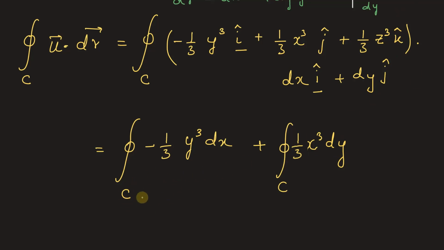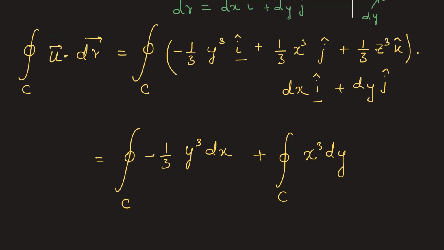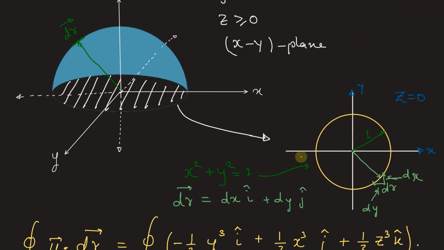Since we are integrating on the closed curve C, that is the circle x² + y² = 1. Now if you take any point on this circle, suppose this point P, the coordinates of this point are x = r cos theta and y = r sine theta. Now for this problem r is equal to 1. So the x coordinate will be cos theta and y will be sine theta.